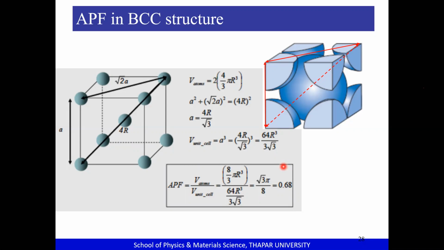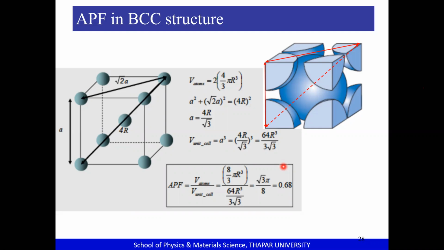For FCC, it was 0.74, while for BCC, it is 0.68. Another important thing is the APF for BCC is also independent of the radius of the atom or the lattice parameter of the unit cell.